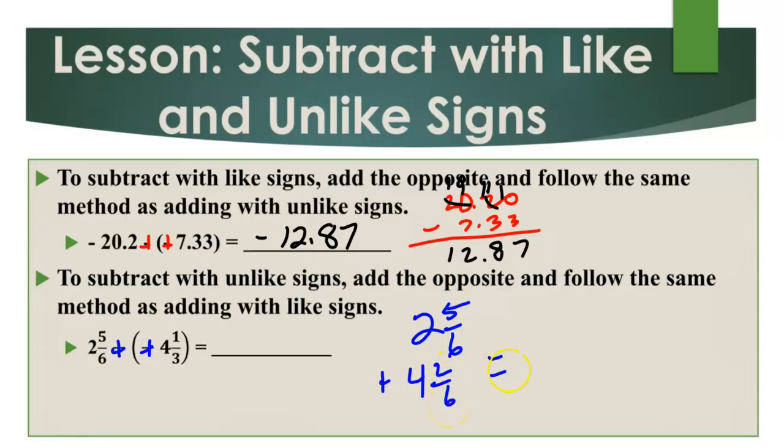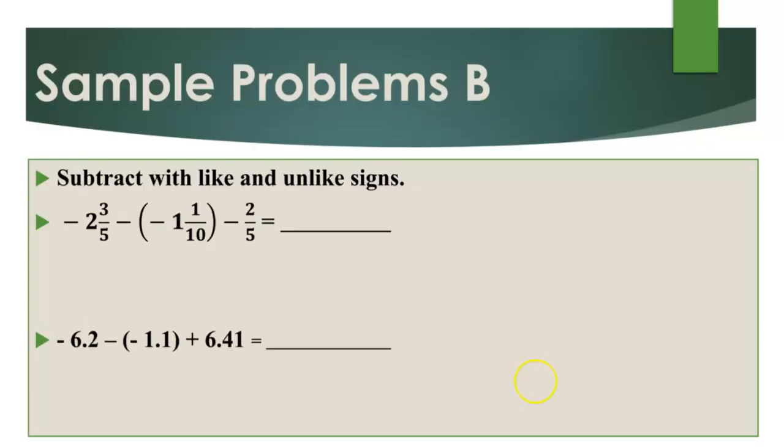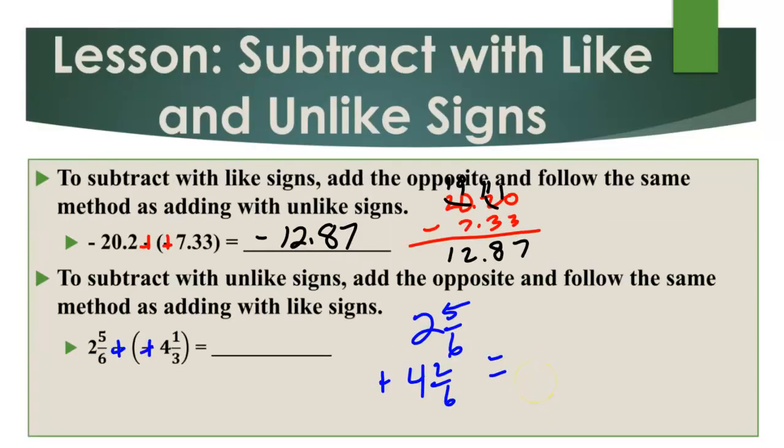And this is going to equal 6 and 7/6. But 7/6 is an improper fraction. So this can be rewritten as 6 plus 1 and 1/6. And that will give us an answer of 7 and 1/6.